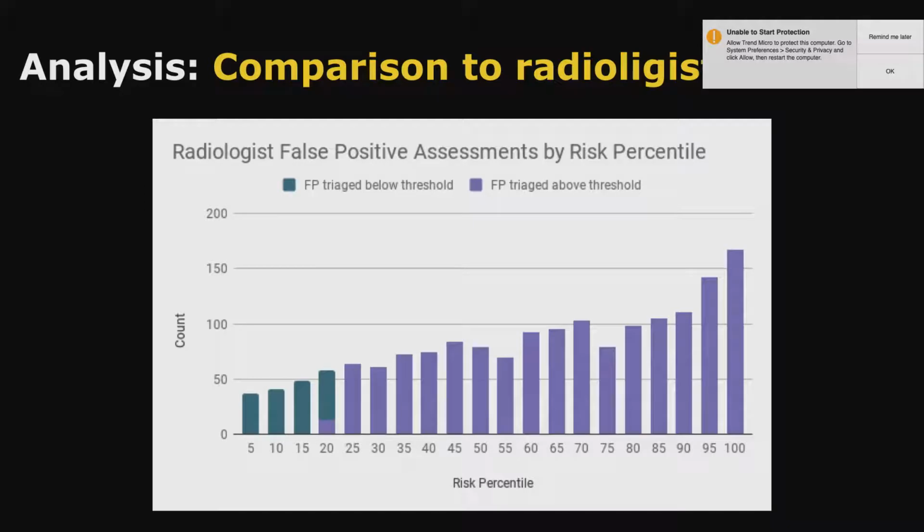You still see some correlation, with more false positives at higher amounts, but much less stark. And this actually means that a lot of radiologists' false positives, we place below the threshold. Because these assessments are not completely concordant, and we're not just modeling what the radiologist would have said, we get an anticipated benefit of significantly reducing the false positives because of the ways we disagree.